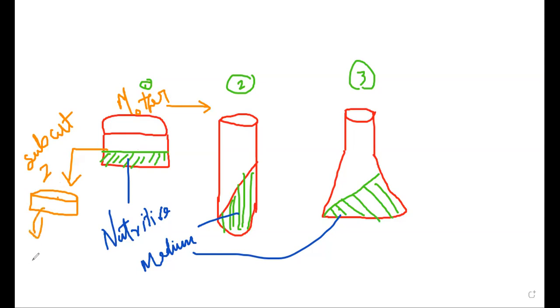Subculture. You know the third one. Just imagine the purification of the first one compared to the last one. Which one is the highest?